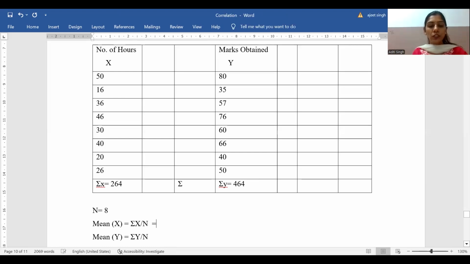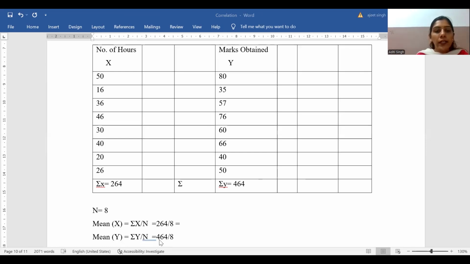So 264 divided by 8, and here 464 divided by 8. 264 divided by 8 is 33, and 464 divided by 8 is 58.